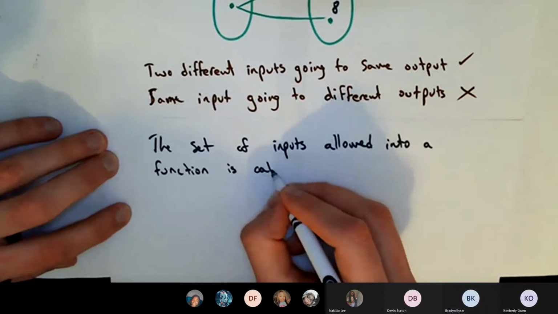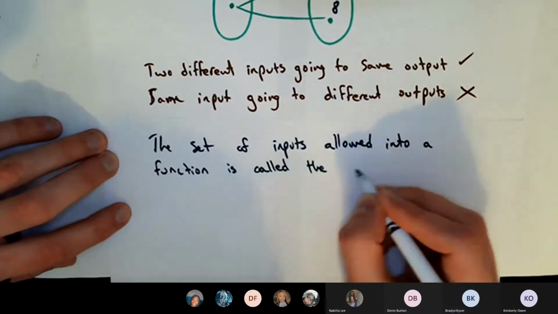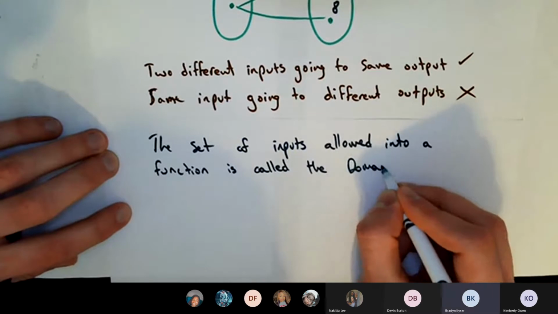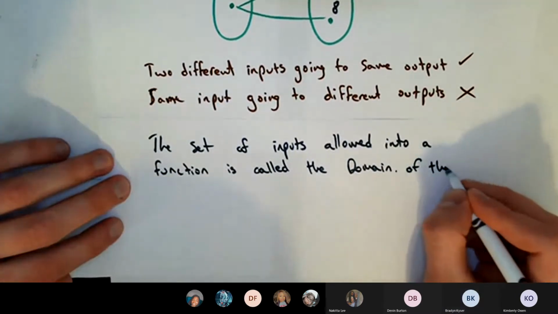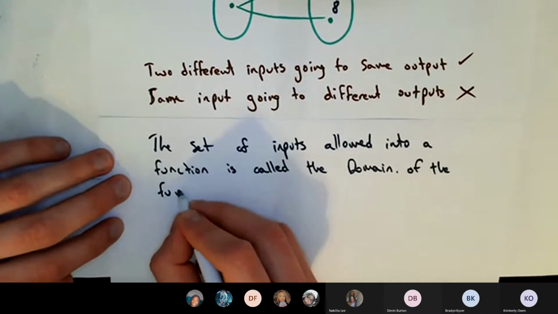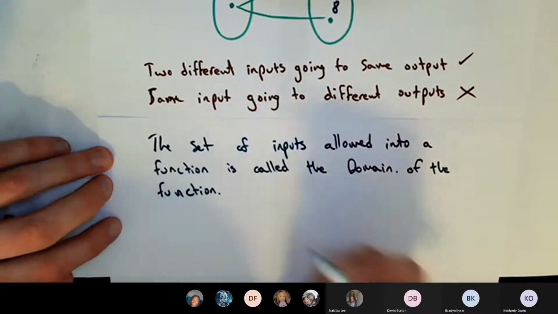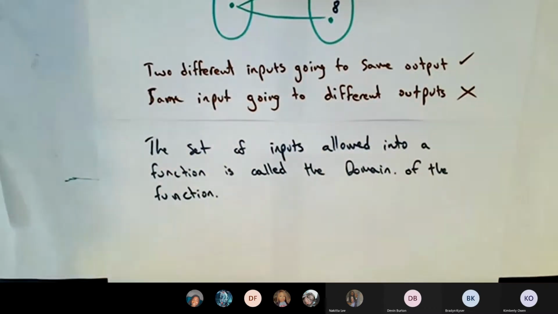The set of inputs allowed into a function is called the domain of the function.